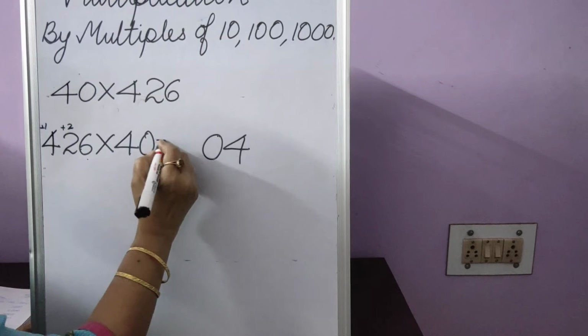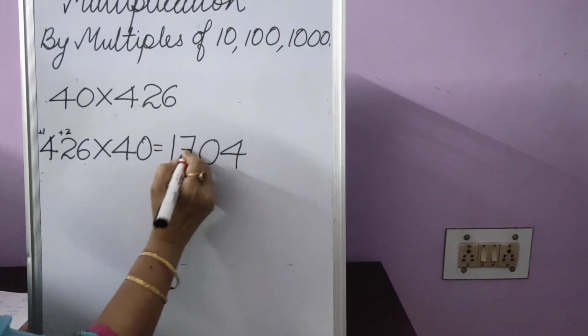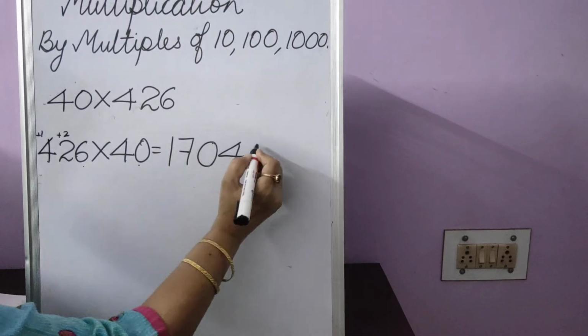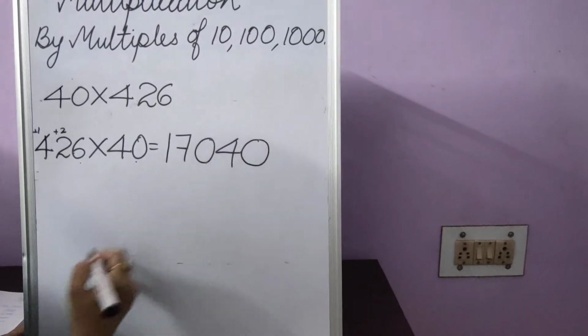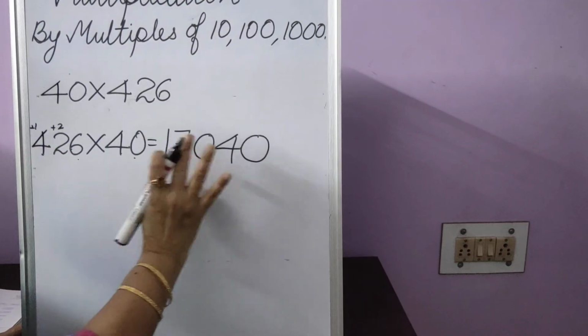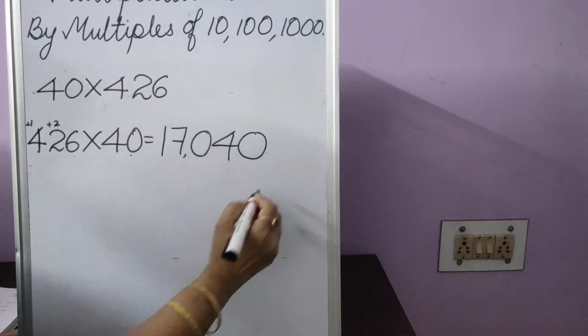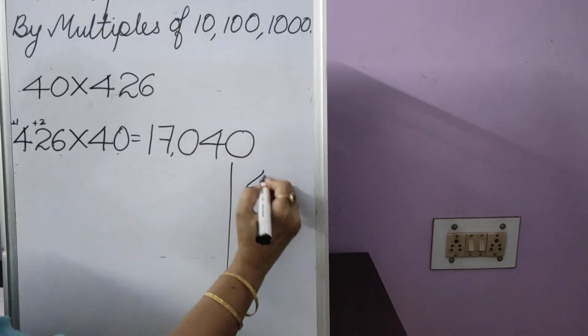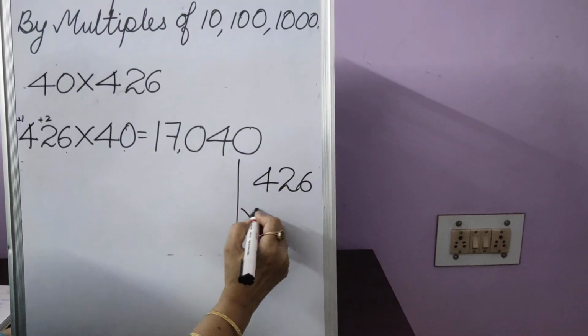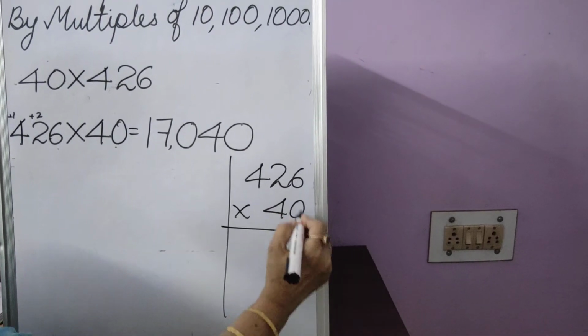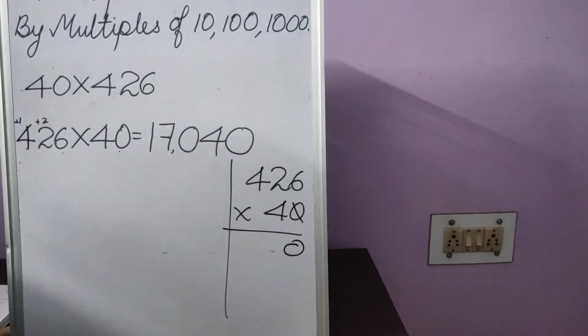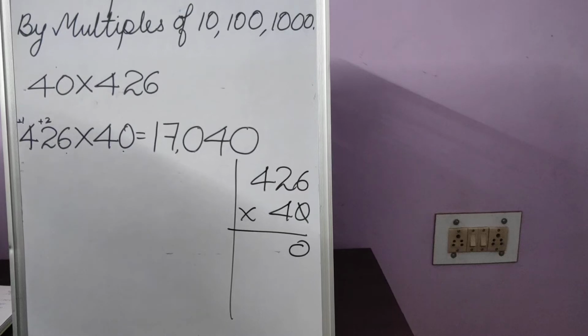Plus 1, that is 17. And how many 0 did we leave out? Just 1. So put in your 0. Got it, children? It is the same. Same thing if you want to do it in the rough: 426 multiplied by 40. Copy down 0 and do the rest of the multiplication sums.